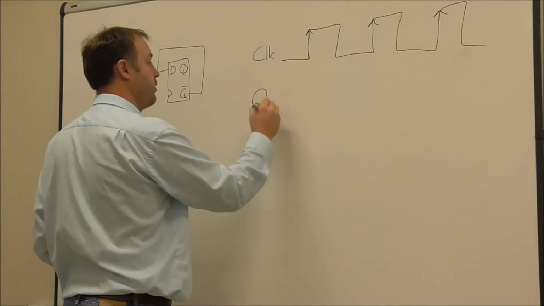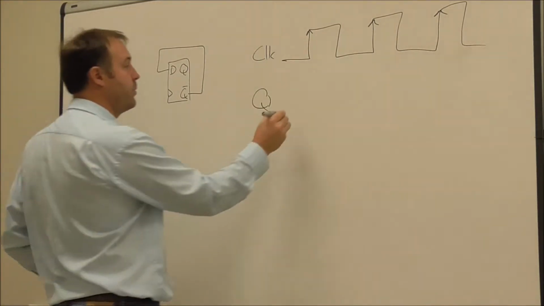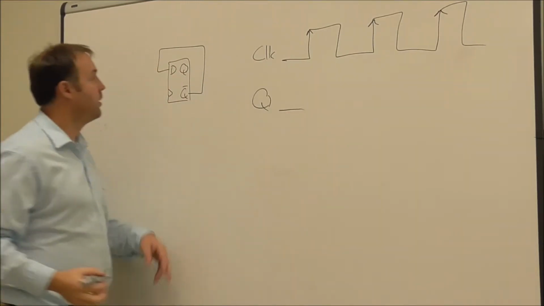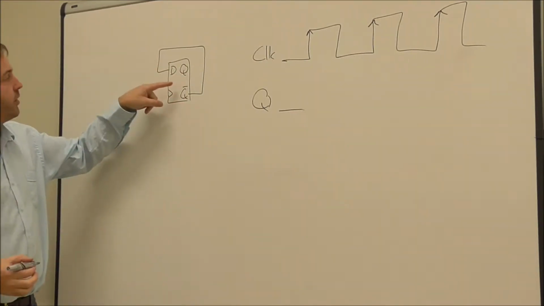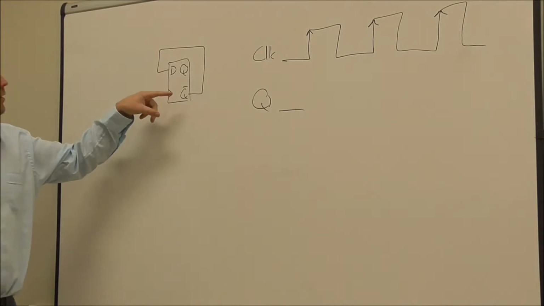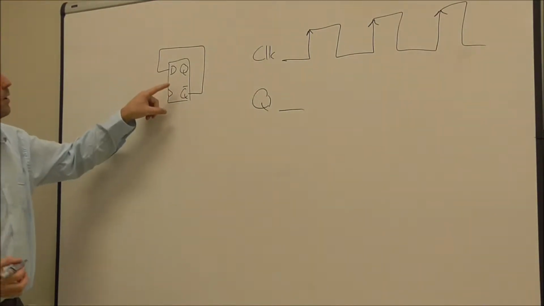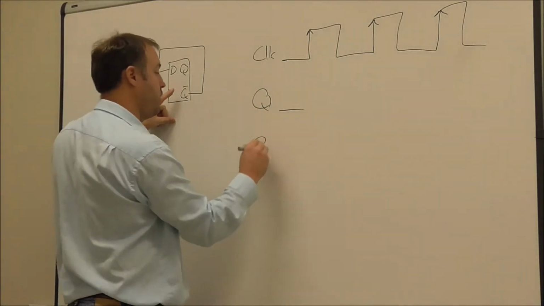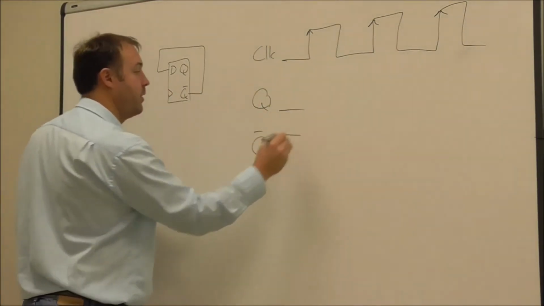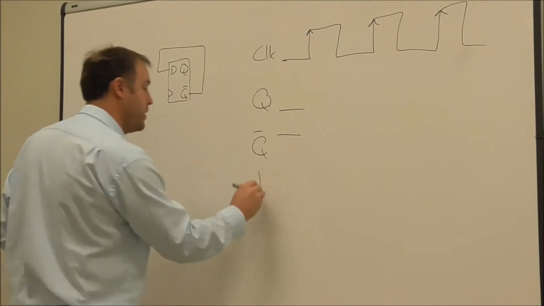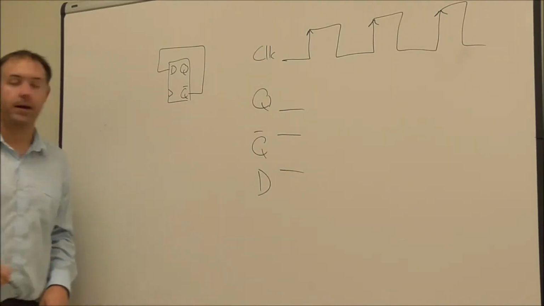If I just look at Q at the moment, if the output was low and clock sees a rising clock edge, it makes the output different because I've connected Q bar to D. So if Q is low, then Q bar must be high. But Q bar is connected to pin D, so pin D must also be high.